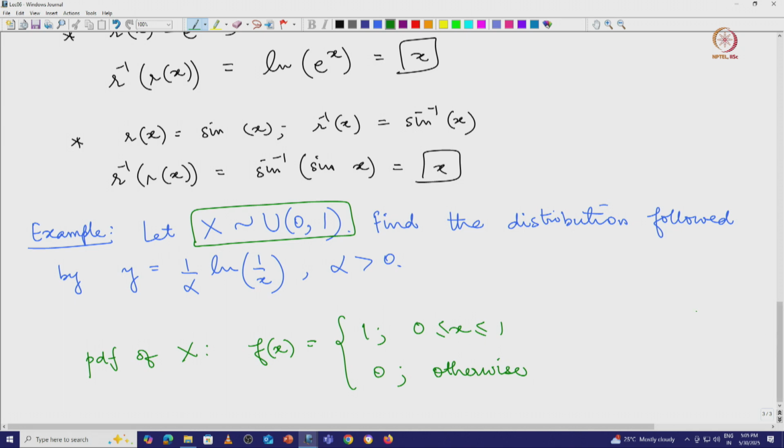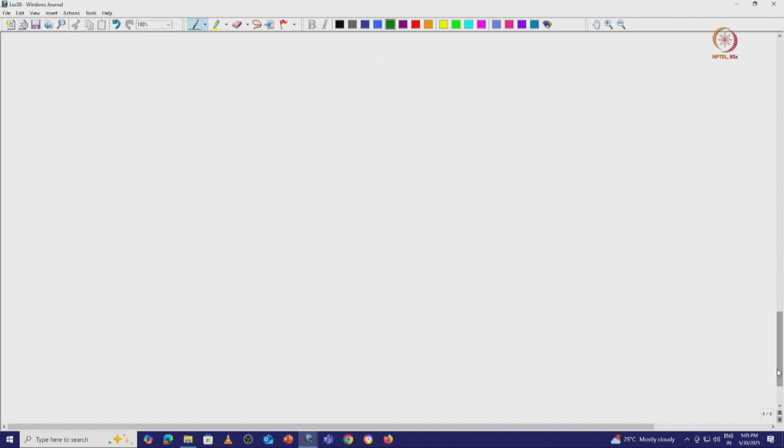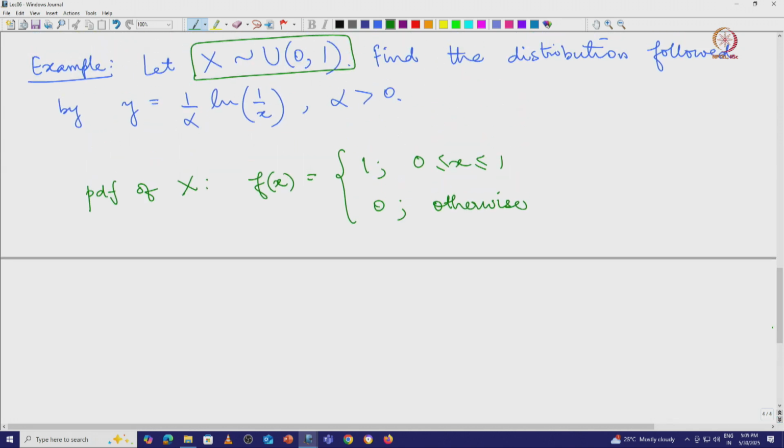So, this is already known to us, and we are given that this transformation r of x which converts x to y is simply 1 over alpha times log of 1 over x.